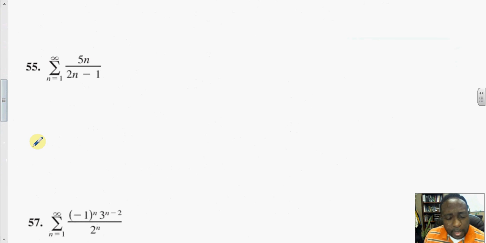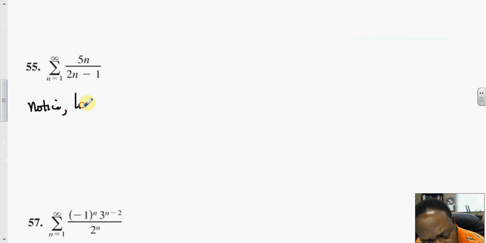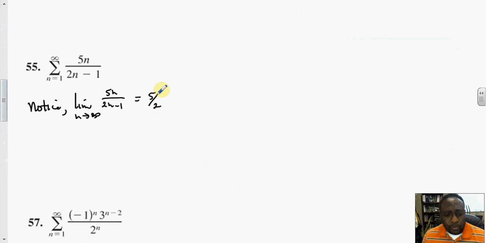What about this one? This one diverges by the nth term test for divergence. Let's apply that. Notice the limit as n goes to infinity of 5n over 2n minus 1 is equal to 5 over 2, right?